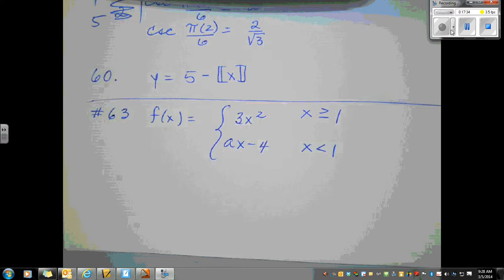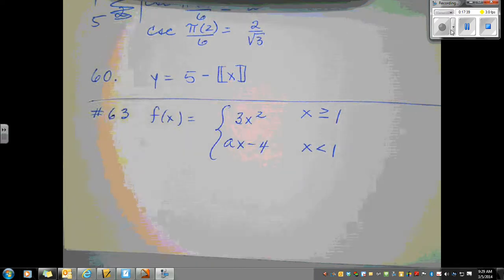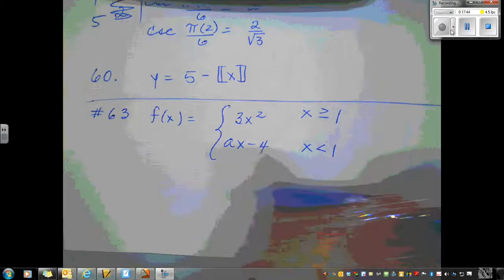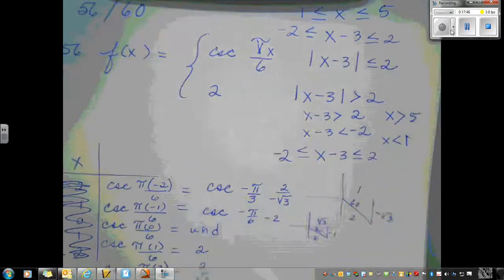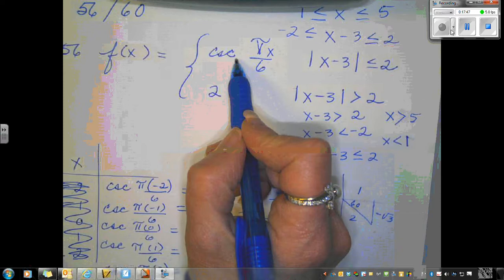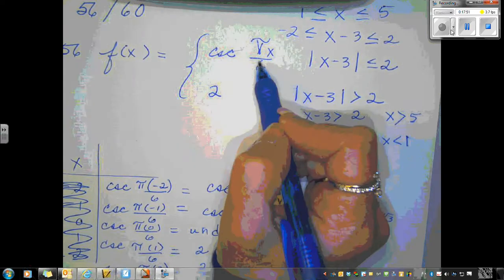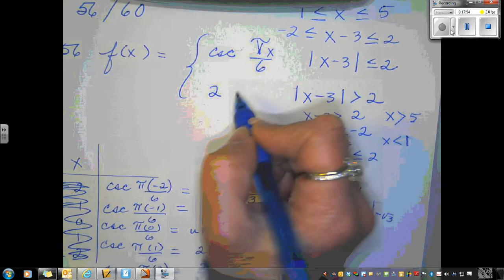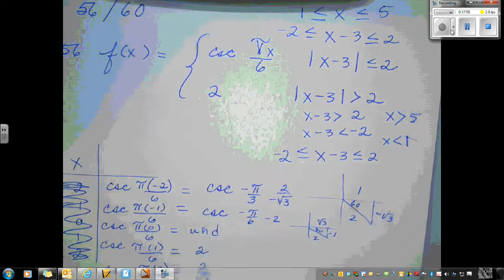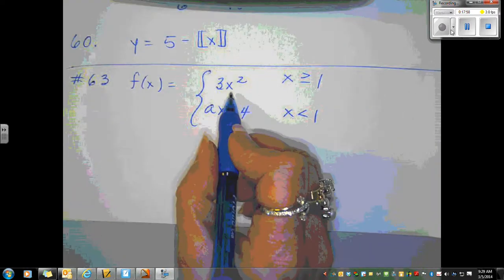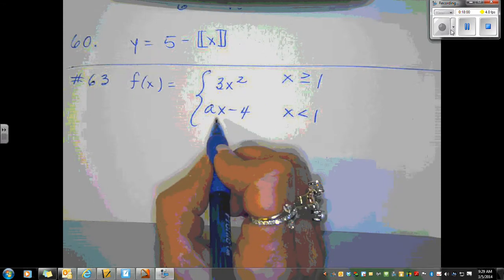So how are we going to make that continuous? What has to happen if that's continuous? What had to happen with this one up here? Right, at the ends they had to be equal to each other, right? One had to fill in the other one. Okay, so that means at 1, these two have to have the same exact value.